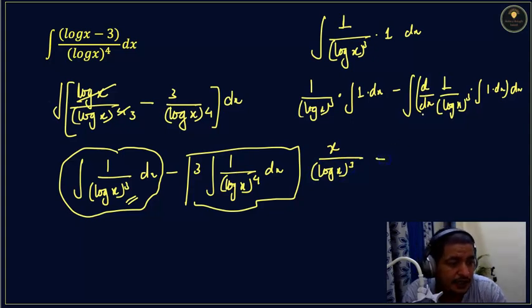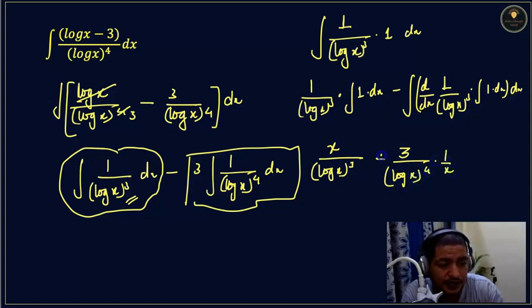Now let's do the differentiation of 1 by (log x) to the whole cube. So here you will write minus 3 (log x) to the power 4 into 1 by x. Since we are having the negative, it will become positive, and the integration of 1 will become x.